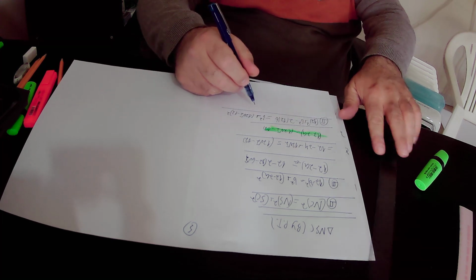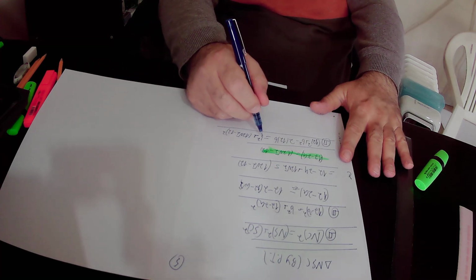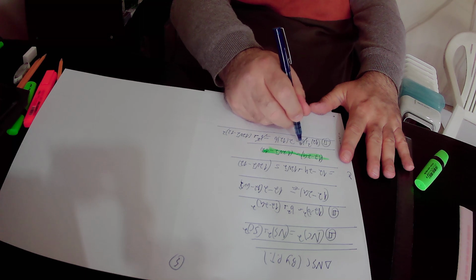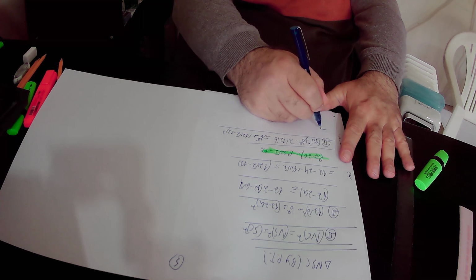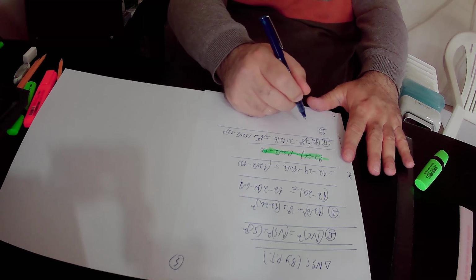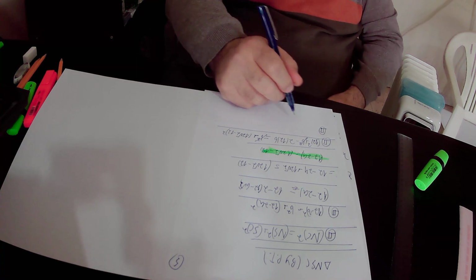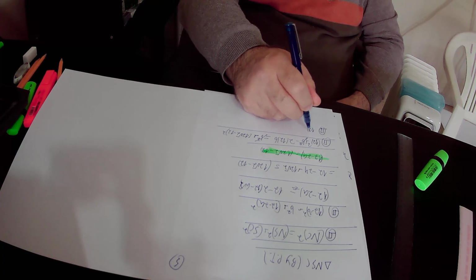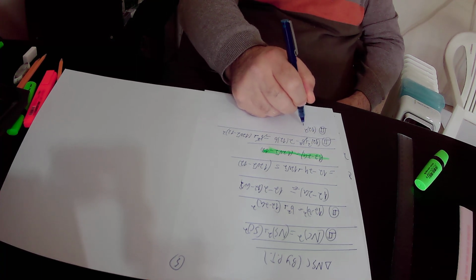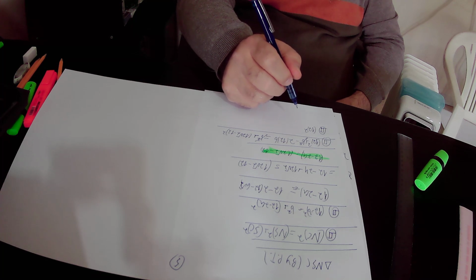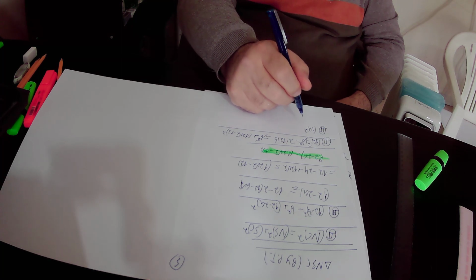Here we have b squared on both sides of the equation, so b squared will get cancelled. What is left from equation number 2 after we cancel b squared is 12 squared minus 24b.